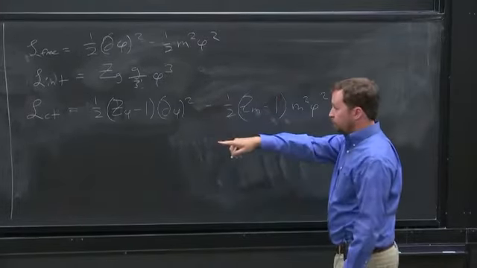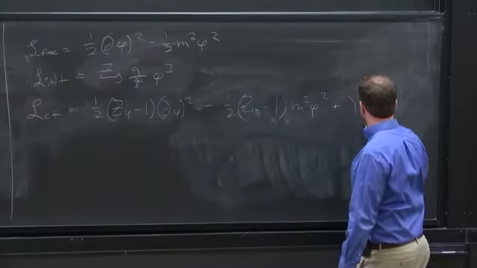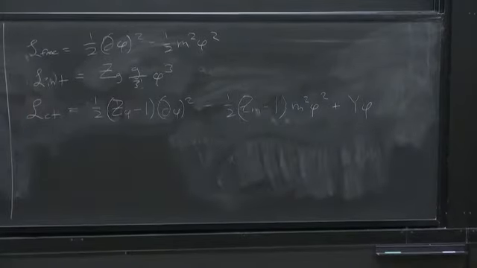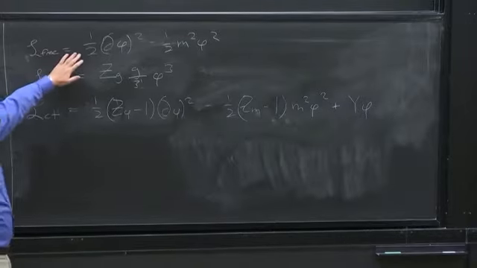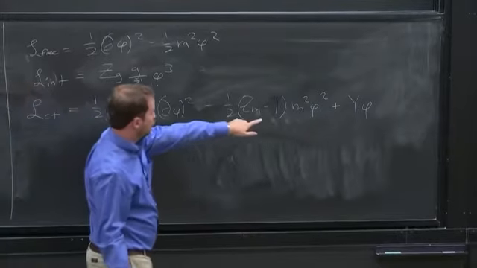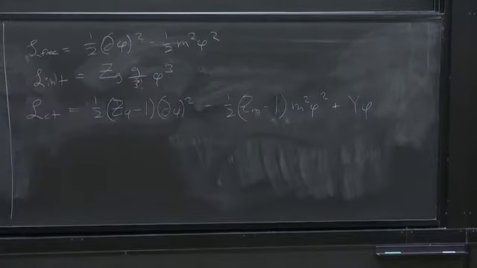And we also get this linear term with coefficient Y. And so our original Lagrangian, which naively we'd expect depends on 2 physical parameters, m and g, now has a whole lot more parameters. It's got Z g, Z phi, Z m, Y, as well as the original m and g.